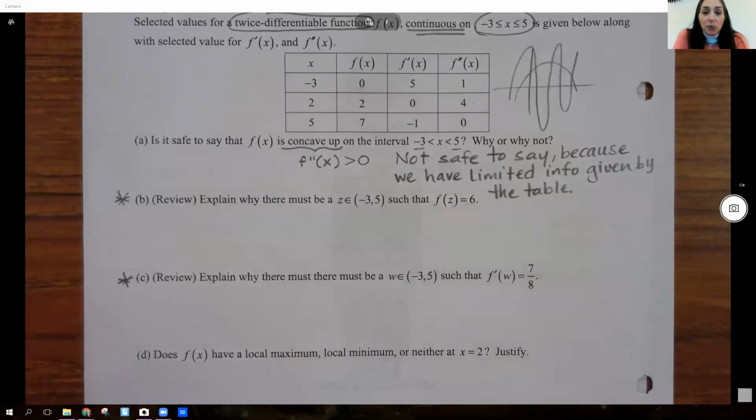No trick on this one. There's a reason that you can guarantee that. So we're not looking at the derivative or anything. We're just looking at the function.